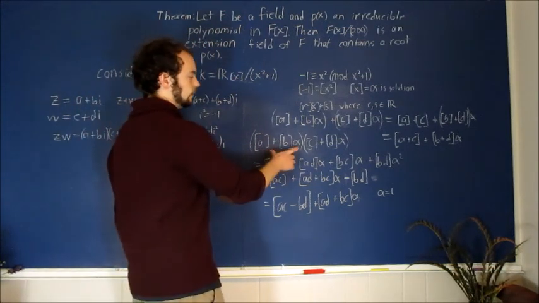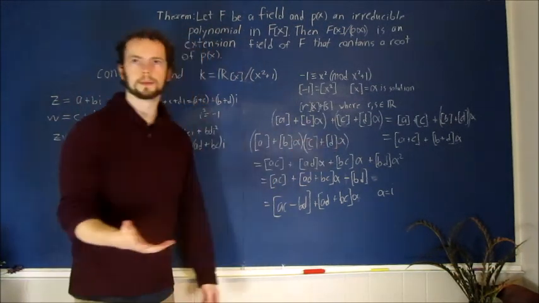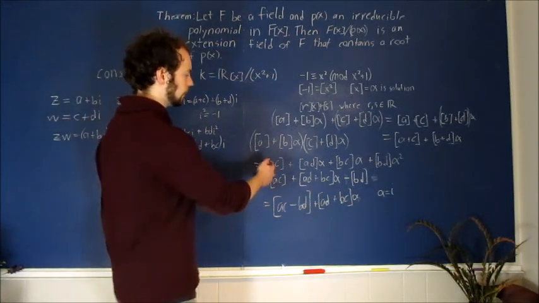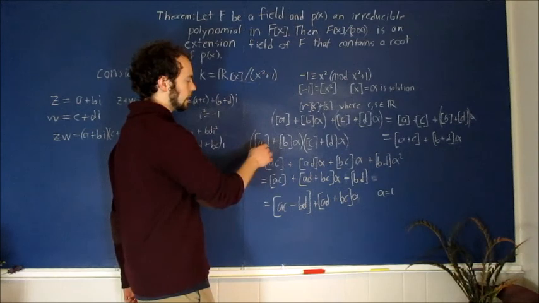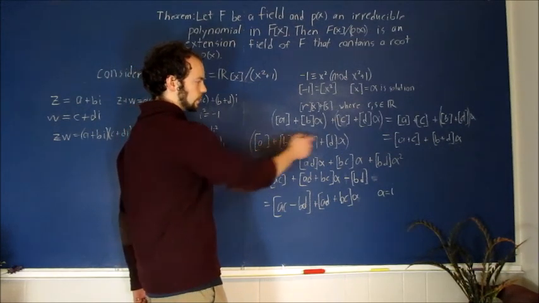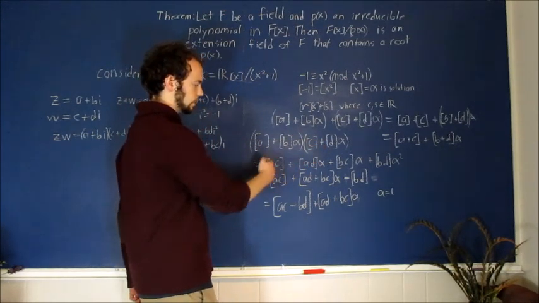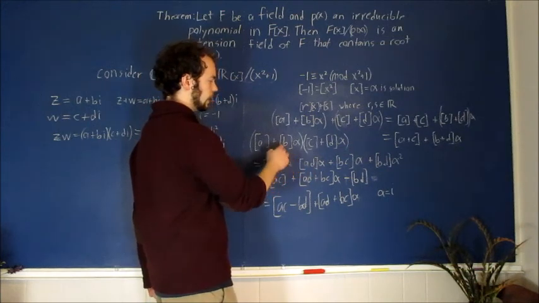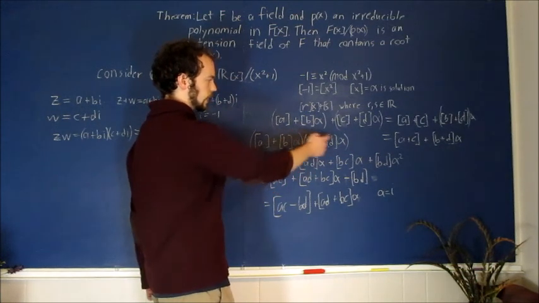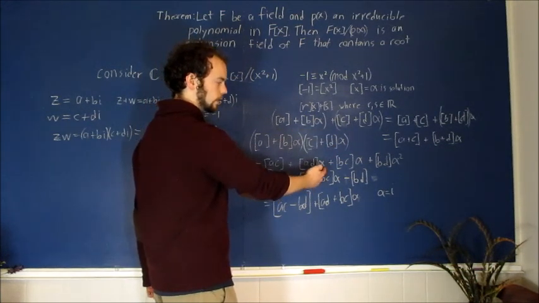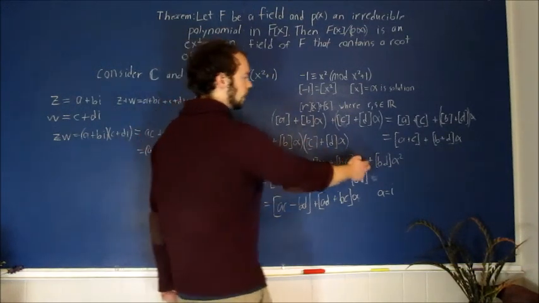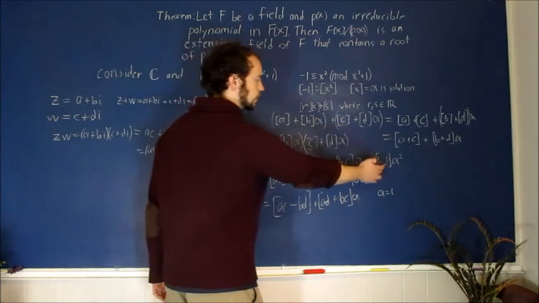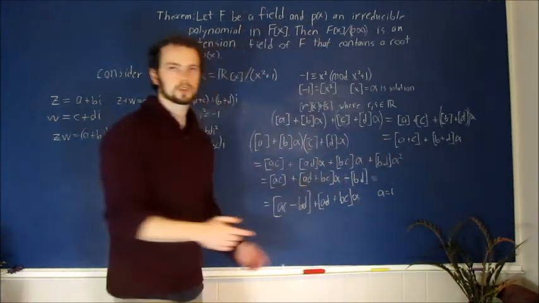Similarly, I'm taking these same two arbitrary elements and multiplying them together using congruence class arithmetic. The congruence class of a times c gives me the congruence class of ac, and then I get the congruence class of ad times alpha, the congruence class of bc times alpha, and lastly the congruence class of bd times alpha squared.